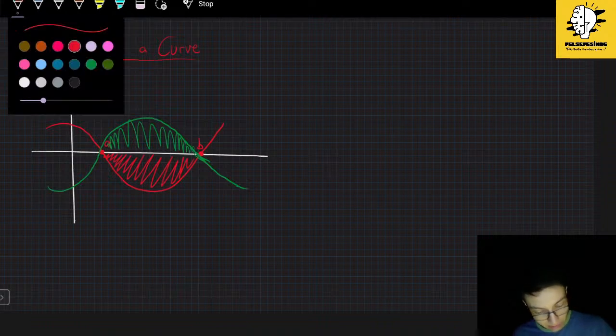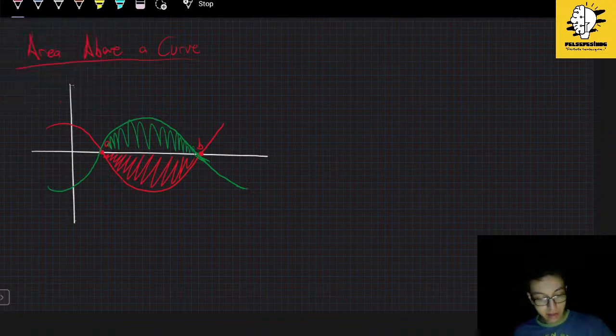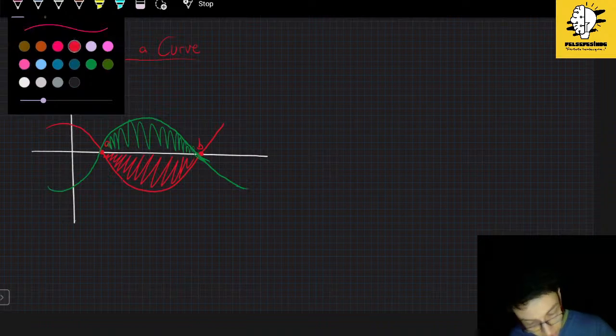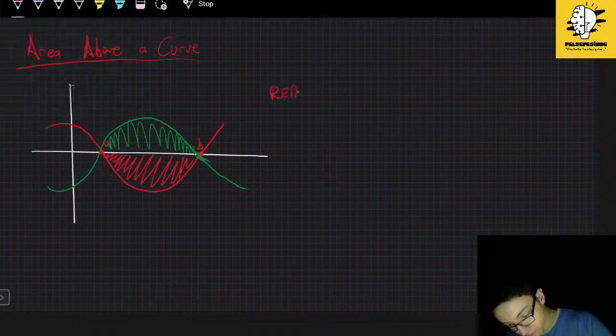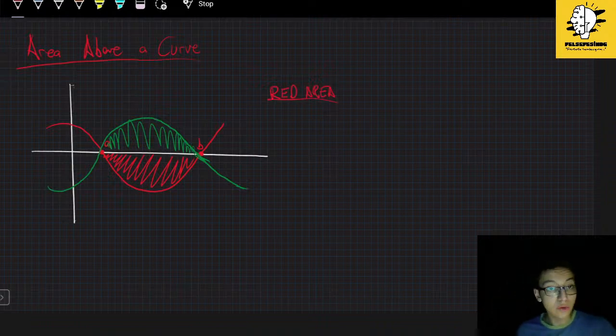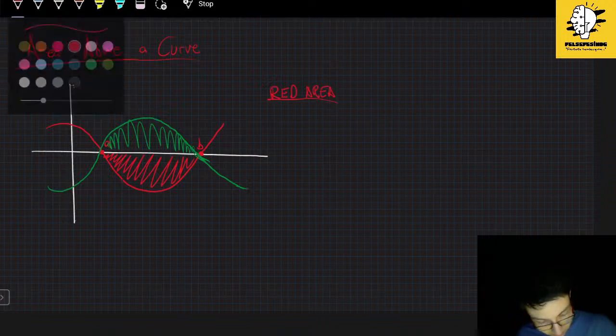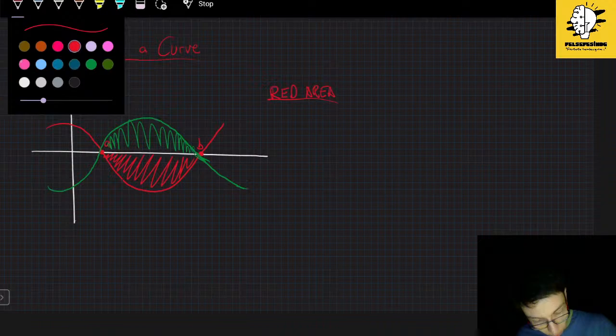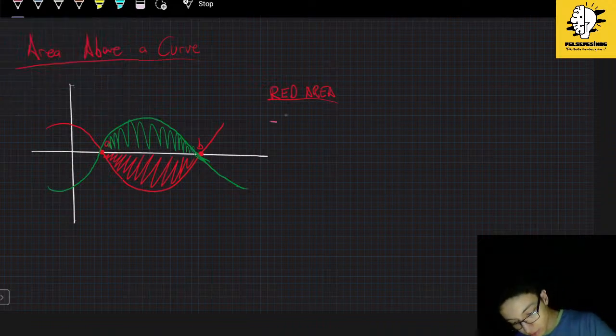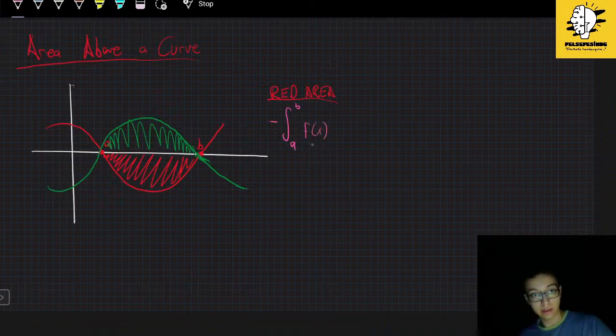So we just say that for the red area, while you are using the calculator or using your logic, you have to be aware of the fact that the integral of this area will be negative between a and b, f(x) dx, and this is also equal to minus y dx.